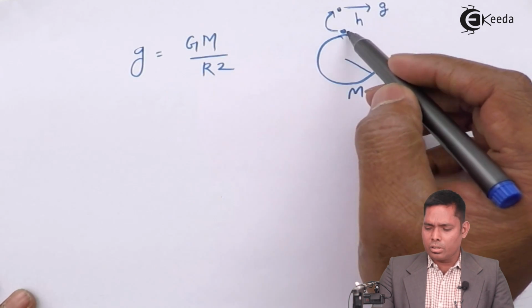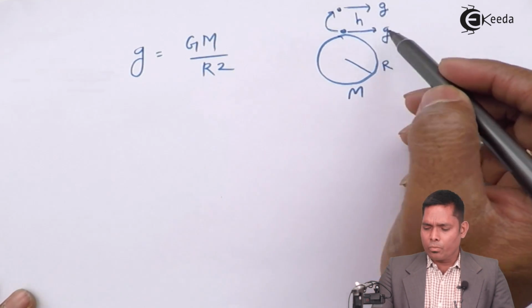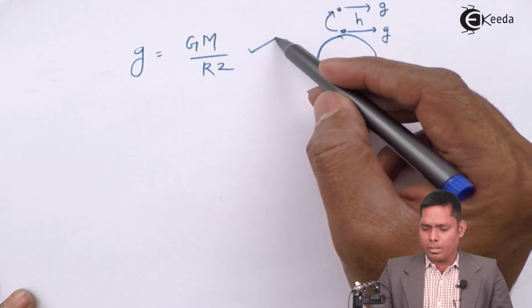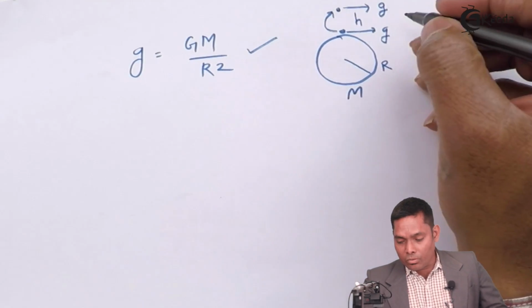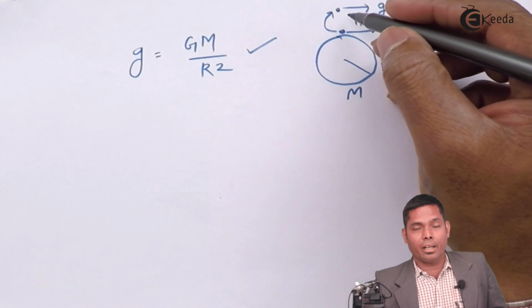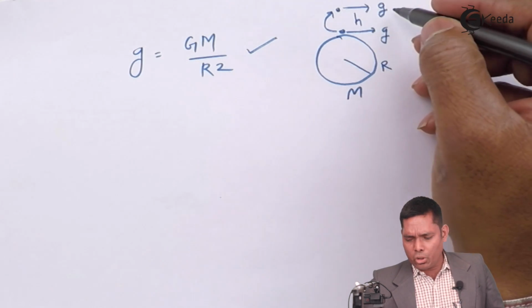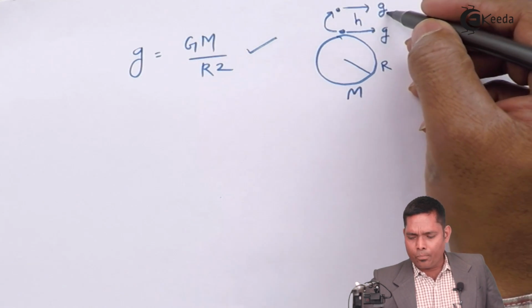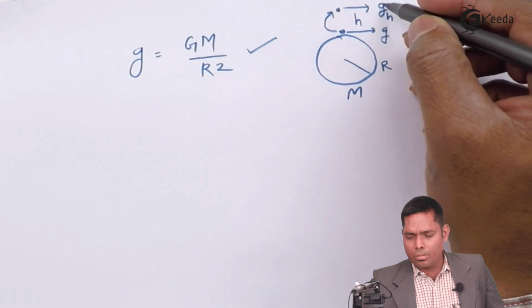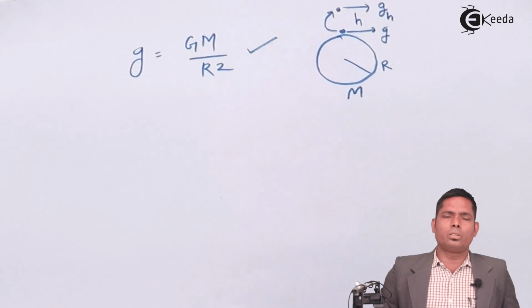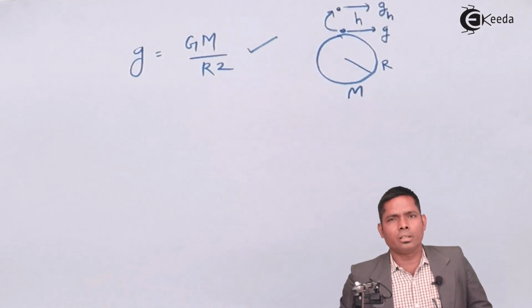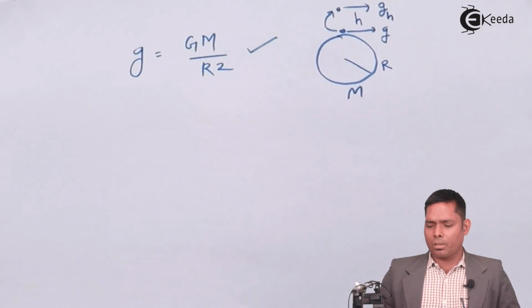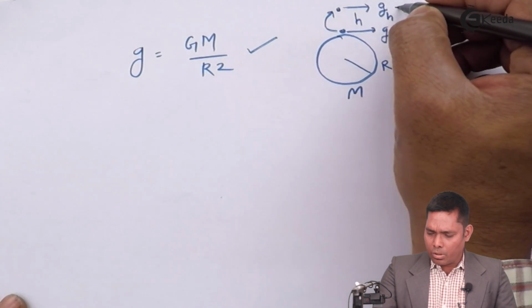To distinguish, this g is represented as g which is on the surface, which is given by this formula. Then g at a certain height h, that is at certain altitude, is represented as g sub h. This means that we are talking about the acceleration due to gravity at a height h above the surface of the earth. So this has to be found.